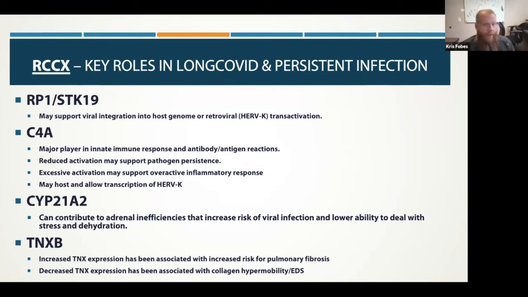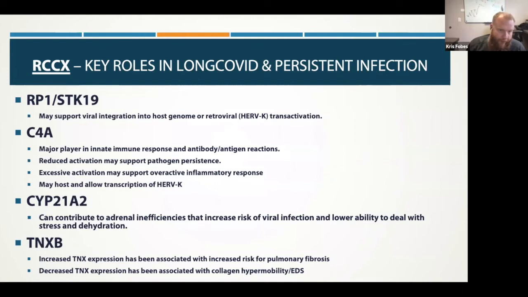C4A, obviously, plays a big role in our immune response and antibody-antigen reactions. Reduced C4A activity can lead to pathogen persistence, just not being able to clear the pathogens. Excessive activation can contribute to an overactive inflammatory response, like a cytokine storm.